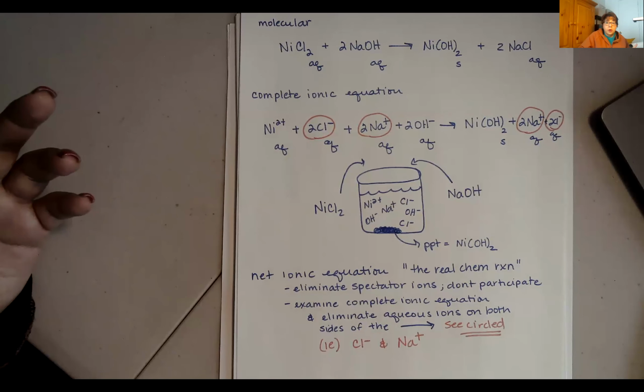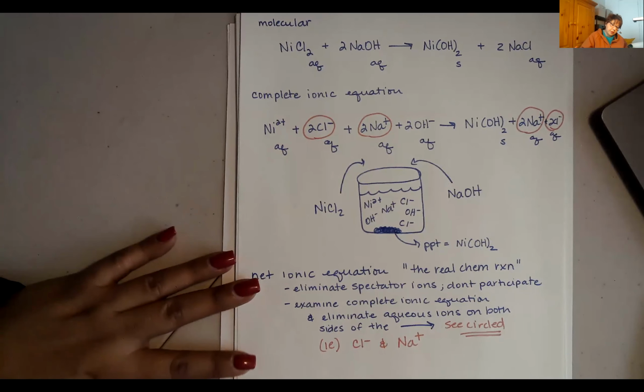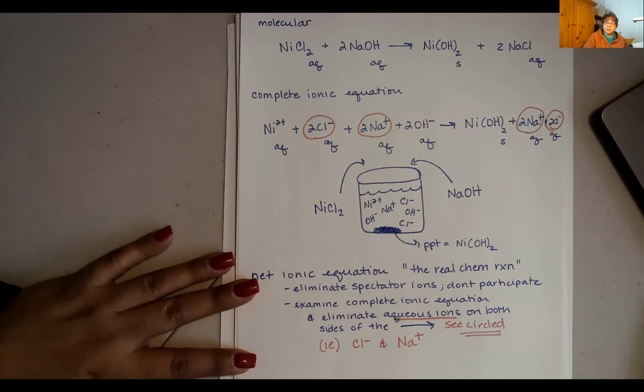Okay, so you only eliminate things that are aqueous on both sides of the reaction. If they're not aqueous, you leave them alone. So only eliminate things that are aqueous on both sides of the reaction.